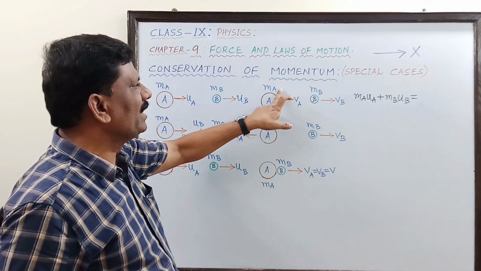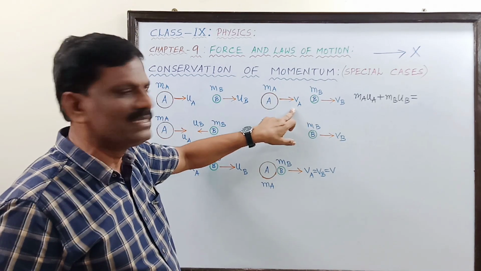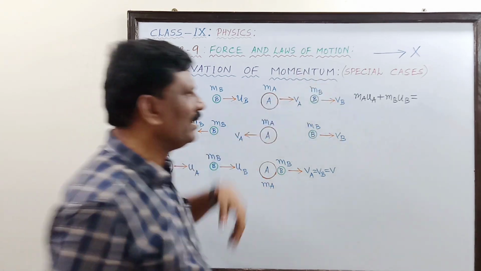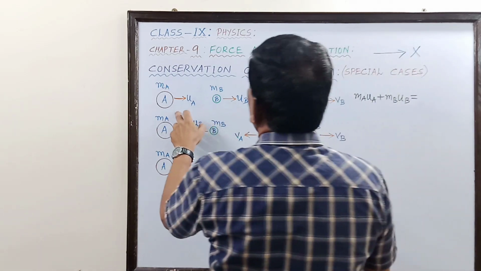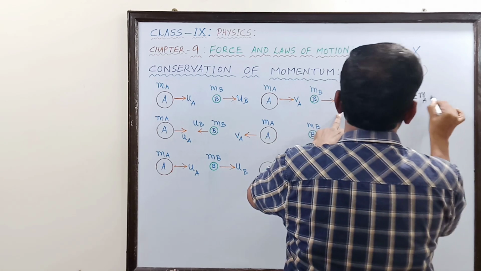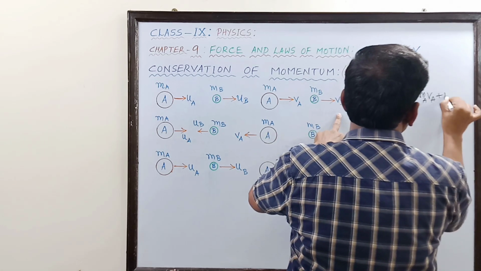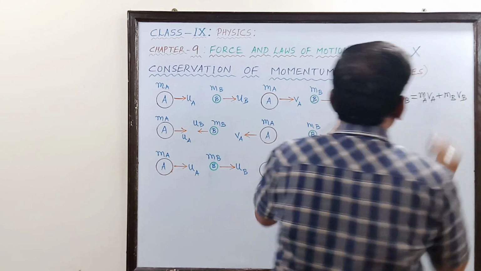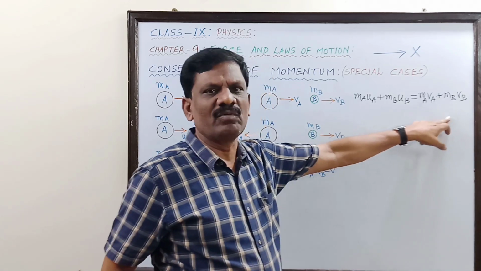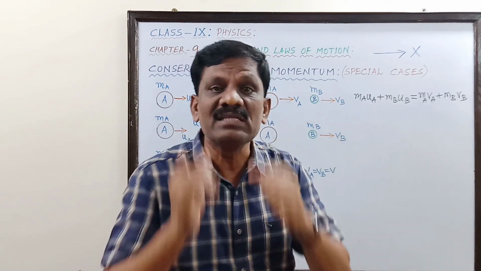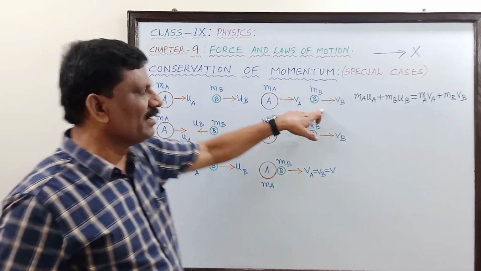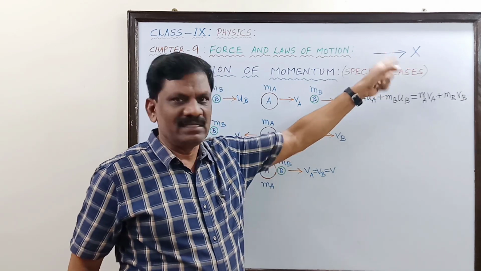After collision, the momentum of A is MA VA, positive, and MB VB is the final momentum of B, also positive. So the total momentum of the system before collision is equal to the total momentum after collision, MA VA plus MB VB. All the terms are positive, because their direction of momentum is along the positive x-axis.